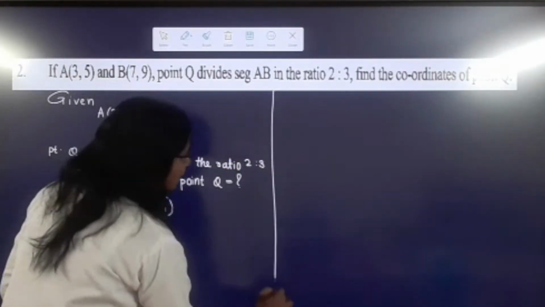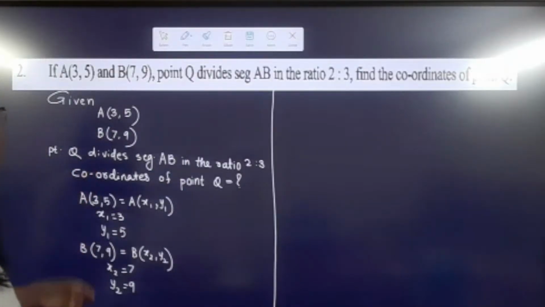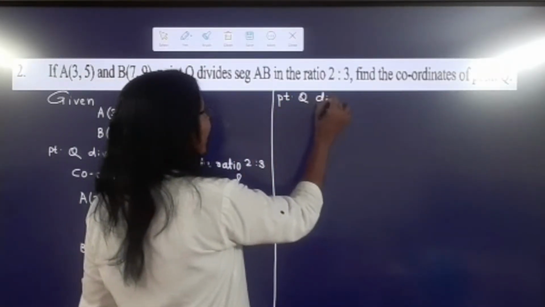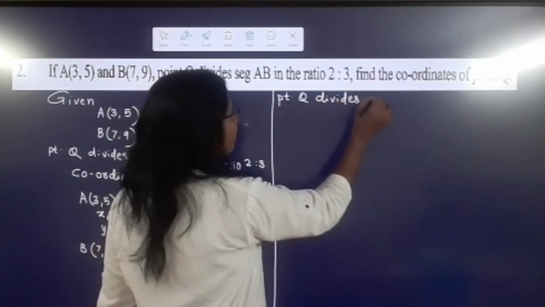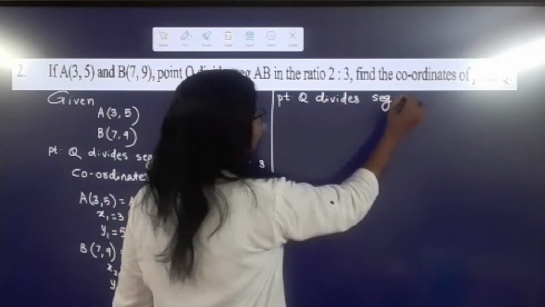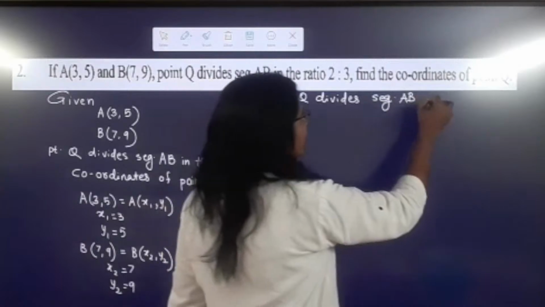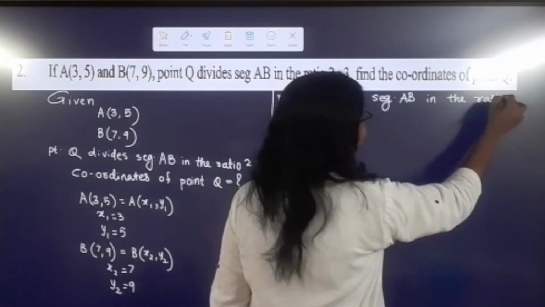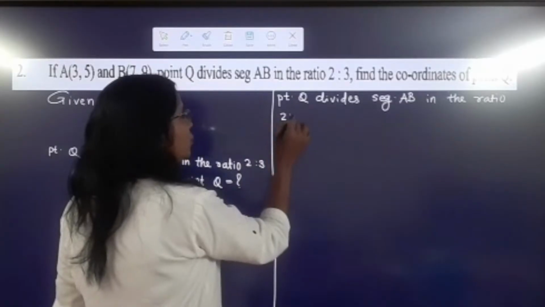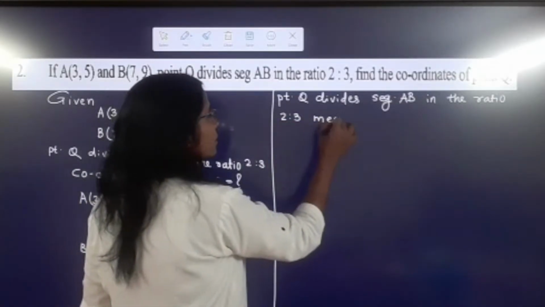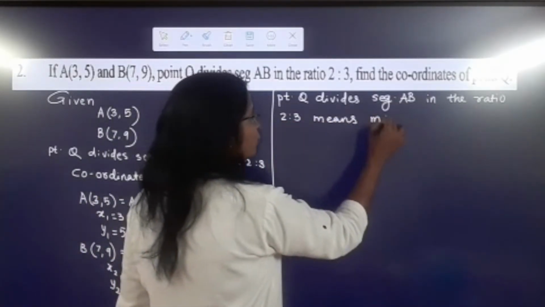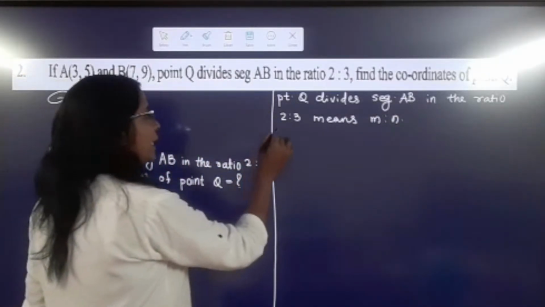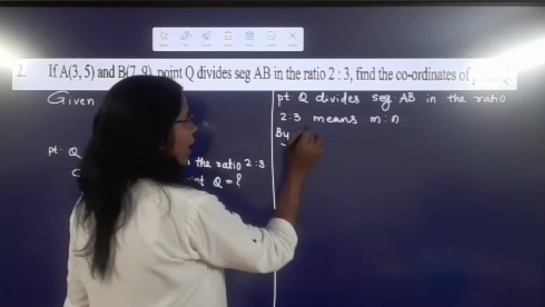Point Q divides segment AB in the ratio 2:3, means m is to n. Okay students, and then I write down, by using the section formula.